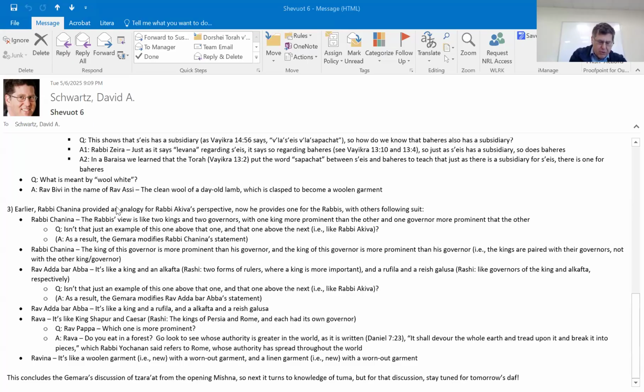Now we have analogy number 3. Rava Amar Kagon Shavur Malka the Kesar. No, it's like King Shapur and the Caesar. So what is the meaning of that? How does that work? So let's take a look at Rashi.